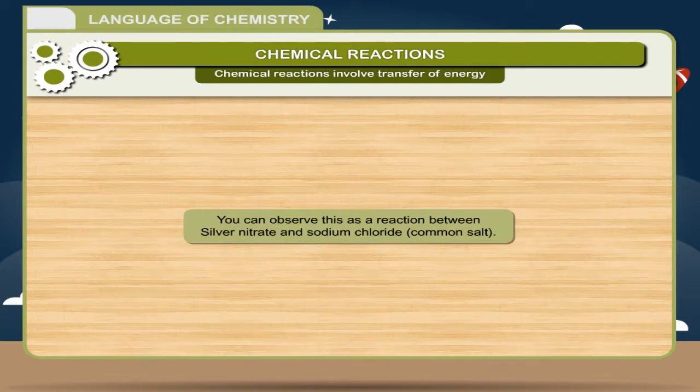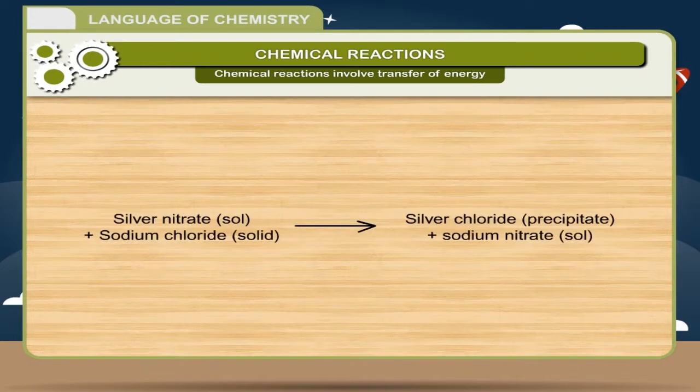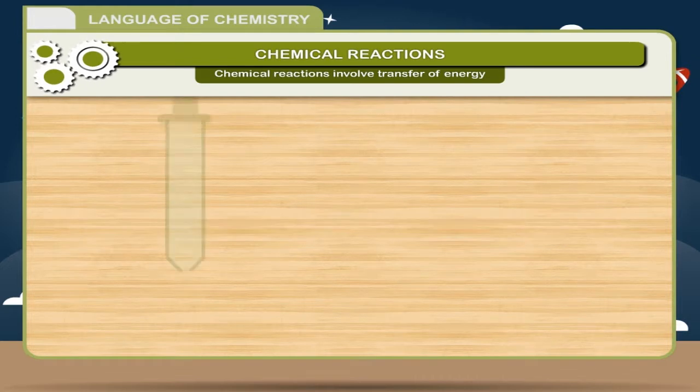You can observe this as a reaction between silver nitrate and sodium chloride, common salt. Silver nitrate solution plus sodium chloride solid gives silver chloride precipitate plus sodium nitrate solution.